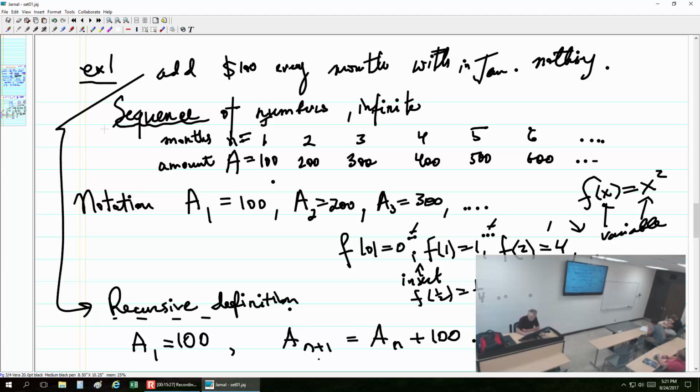Okay? So remember once again, this subscript N indicates the month, the number of the month since that January. So N plus 1 is the next month if N is the current month. So the amount of money in the next month is the current amount plus 100. So that's the recursive definition of the sequence.